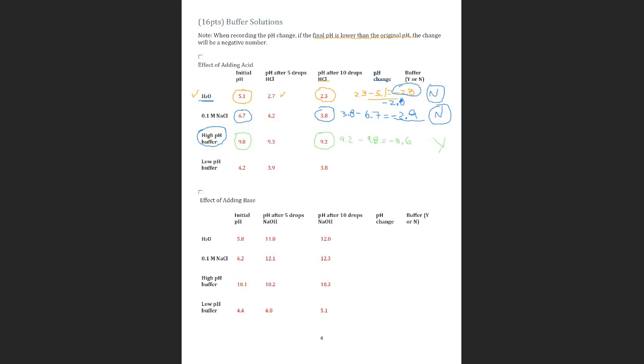Yes, it is. And the same with the next one, where they are telling you it is a buffer. So the pH change here, 3.8 minus 4.2, we have a minus 0.4, even less change than before, because this is a low pH buffer.